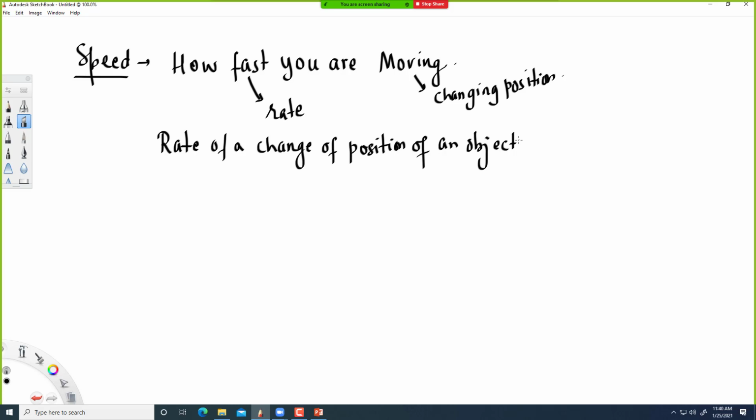That's my speed. Compare this motion versus this motion. The first one is changing the position faster. That means my speed is faster in the first instance.